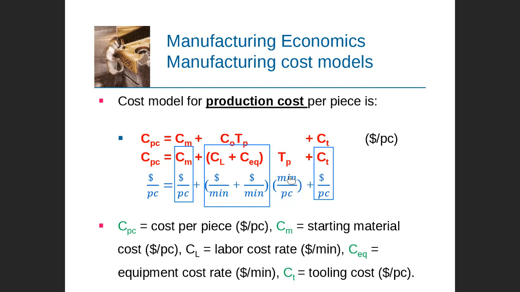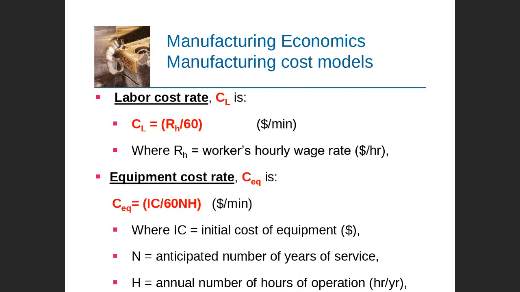Then you get $25 per piece to complete machining one piece. So finally, we have dollar per piece. That's what we were discussing last time, and this is the cost equation.